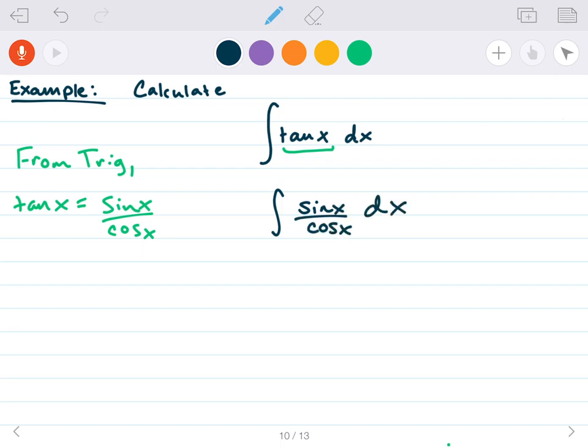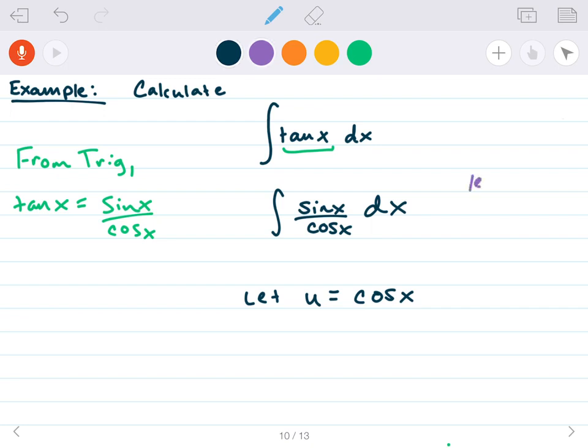What we're going to do is let u equal cosine of x. I'm doing it the quote-unquote correct way here, but I want you to see that if you let u equal sine of x instead, then you're going to be stuck.